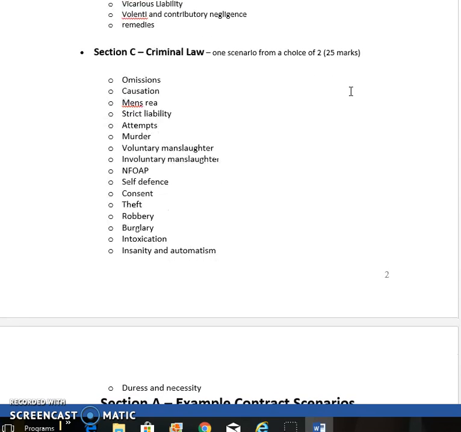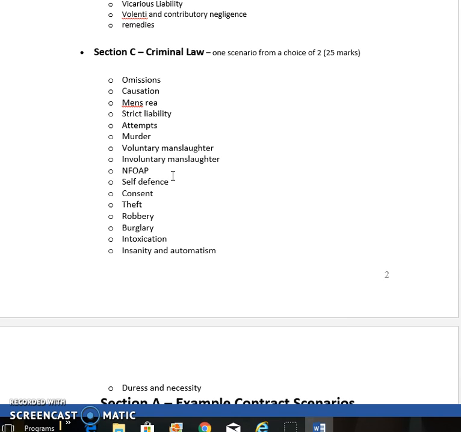There are lots of topics that we've studied in criminal law, including omissions, causation, mens rea, strict liability, attempts, murder, voluntary manslaughter, which is diminished responsibility and loss of control, involuntary manslaughter, where you've got unlawful act manslaughter, gross negligence manslaughter and reckless manslaughter, the non-fatal offences against the person, so that's assault, battery, ABH, GBH section 20, GBH section 18.